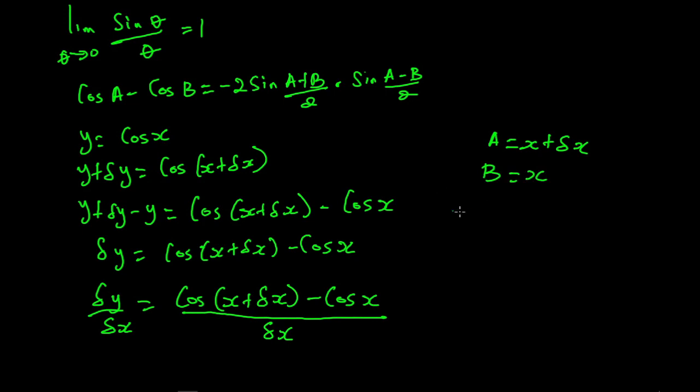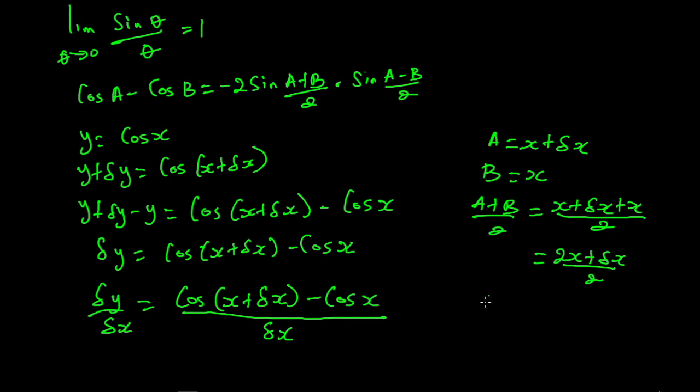In that case, a plus b over 2 is going to be equal to x plus delta x plus x all over 2, and that is equal to 2x plus delta x over 2. Also, a minus b over 2 is going to be equal to x plus delta x minus x all over 2, and that is equal to delta x over 2.